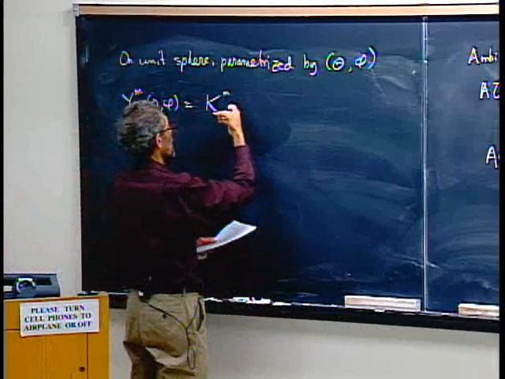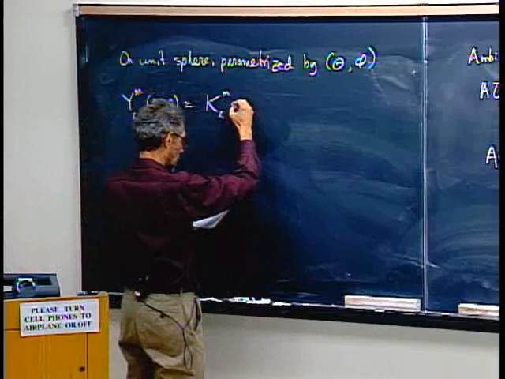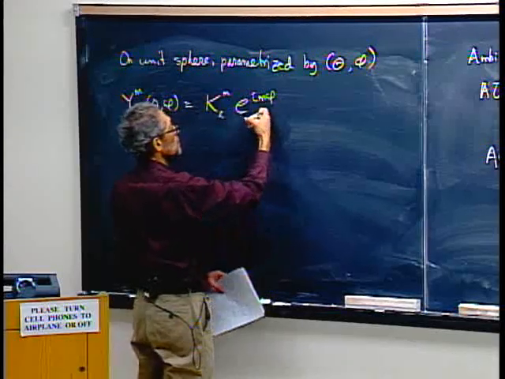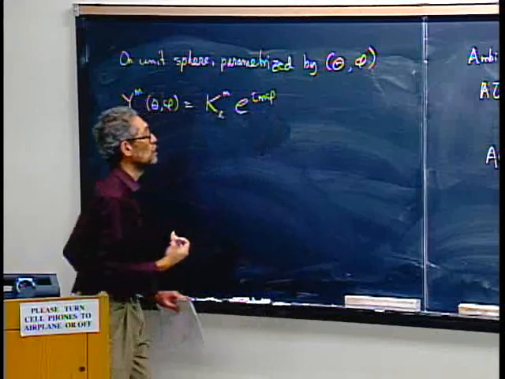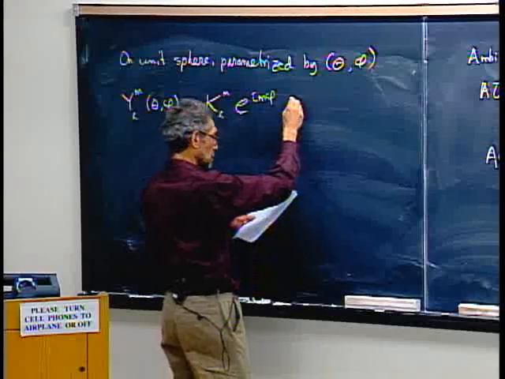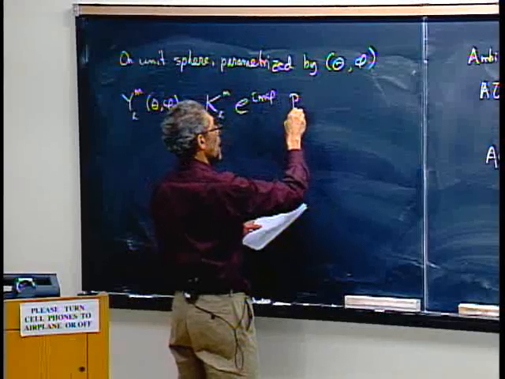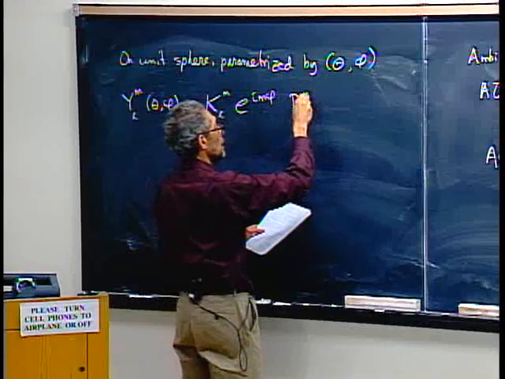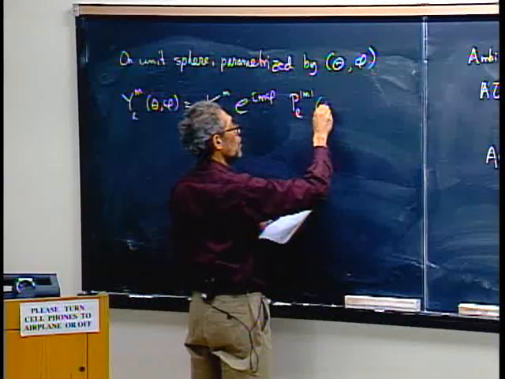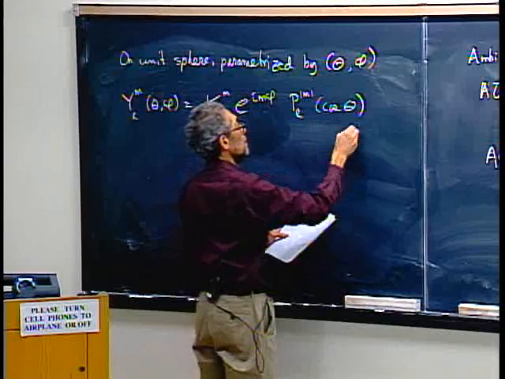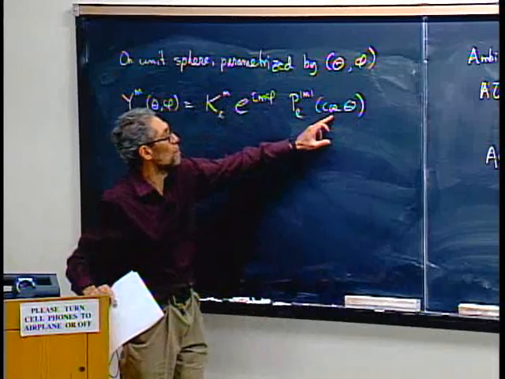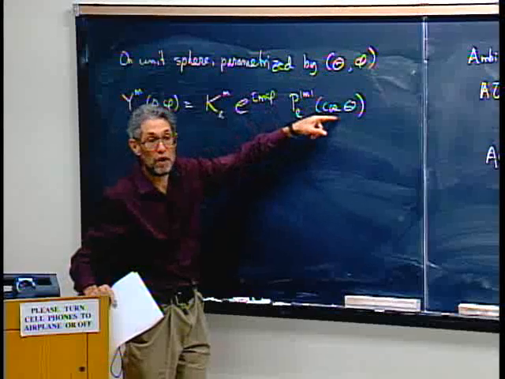In fact, the formula for K l m I'll write in a minute. Times e to the I m phi. So in terms of their variation as a function of phi, they just look like Fourier series. But they also vary as a function of theta by P l m. Actually, you only need absolute value m. They're the same for plus and minus, of cosine theta.